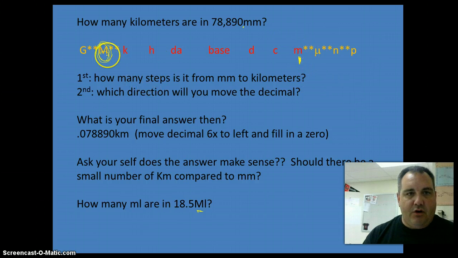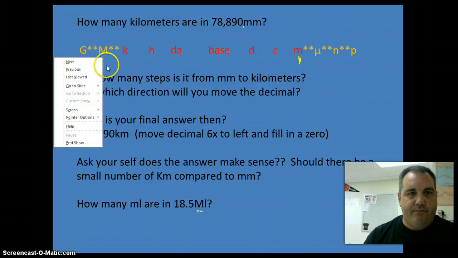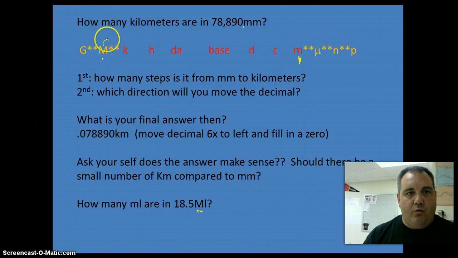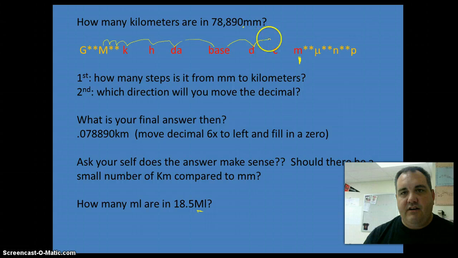So the thing we got to remember, notice we have 2 spots right here. Okay, so I'm going to erase this as well. Let's start right here. So we're starting right here. So we go 1, 2, 3, 4, 5, 6, 7, 8, 9. Okay, so it takes us 9 movements.